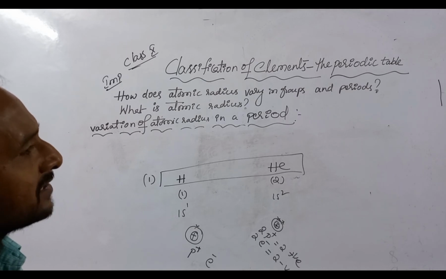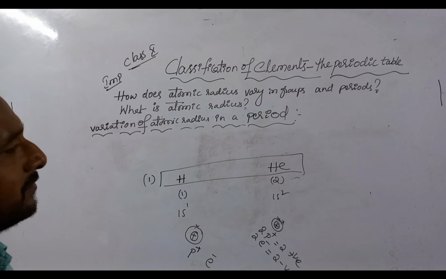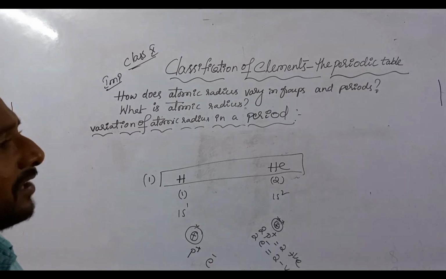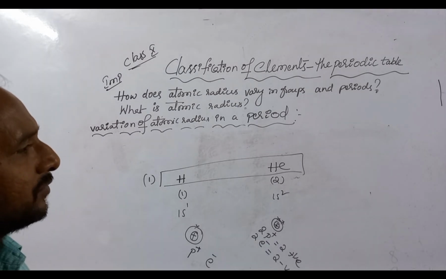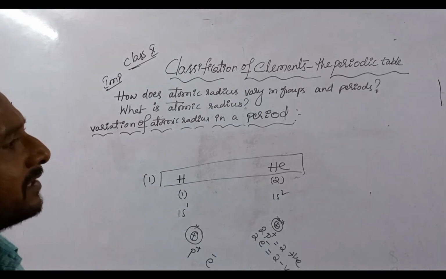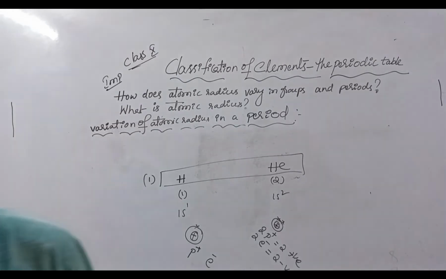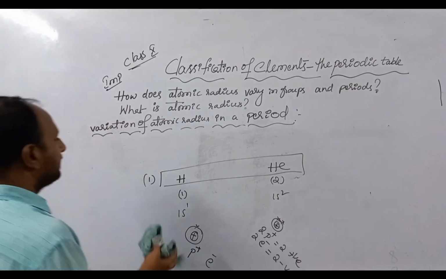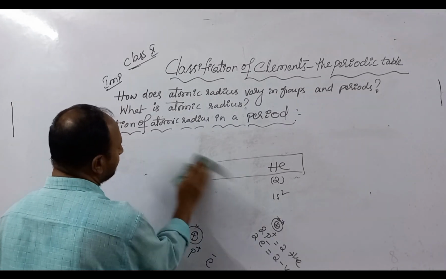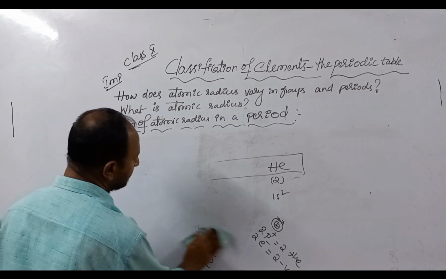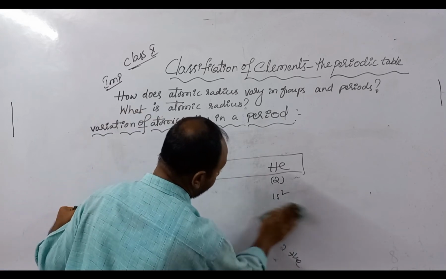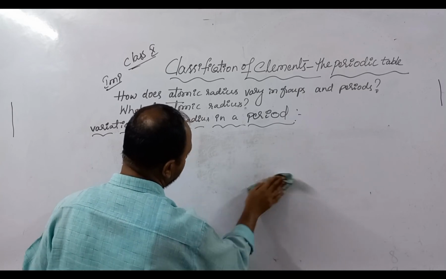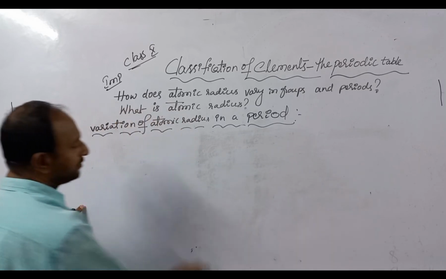At the same time, in the same shell, the number of electrons increases so that the attraction between the nucleus and outermost shell increases. That is why atomic radius decreases. But in the case of groups, shell number increases. That is why the distance from the nucleus to the outermost shell increases so that attraction decreases. There atomic radius increases from top to bottom, but here it decreases from left to right.